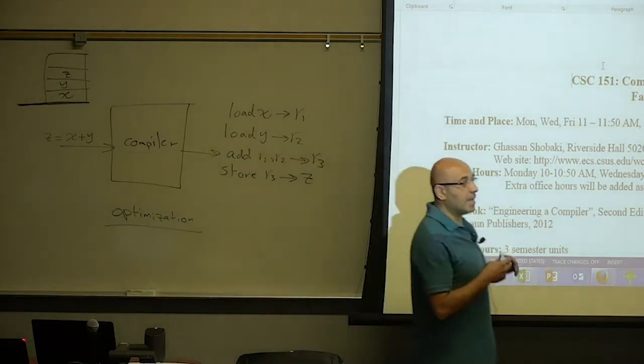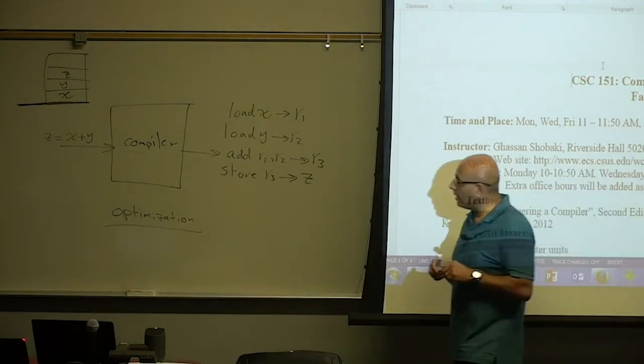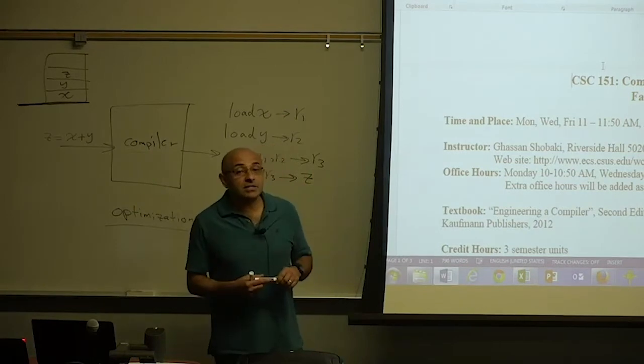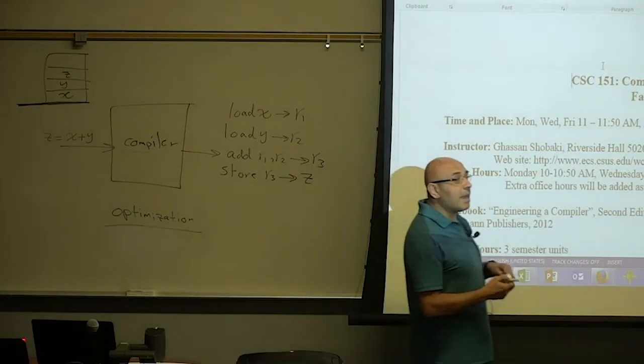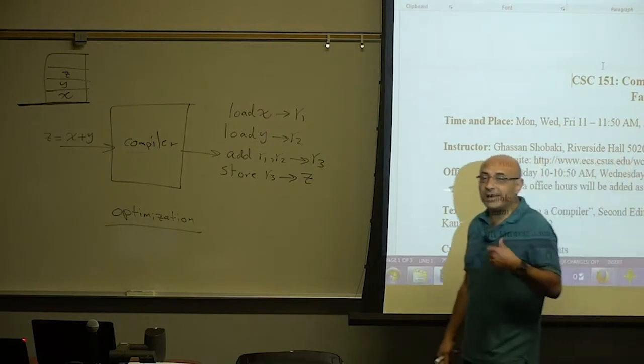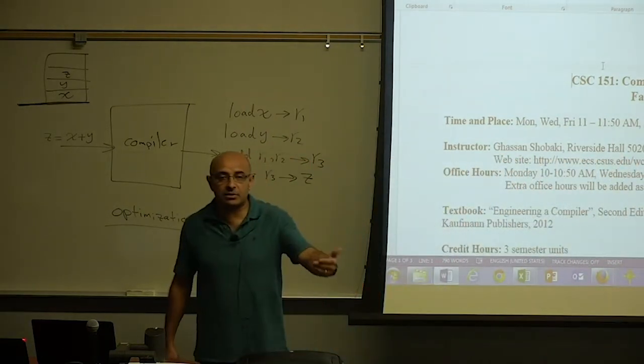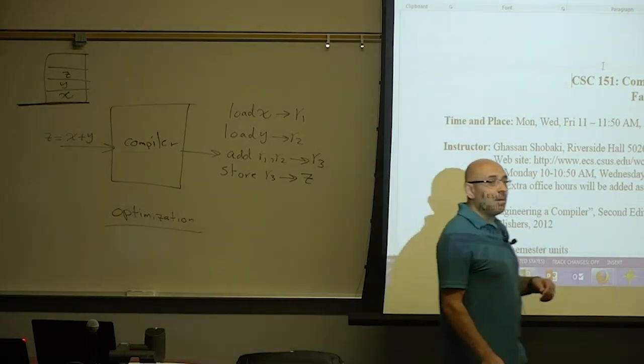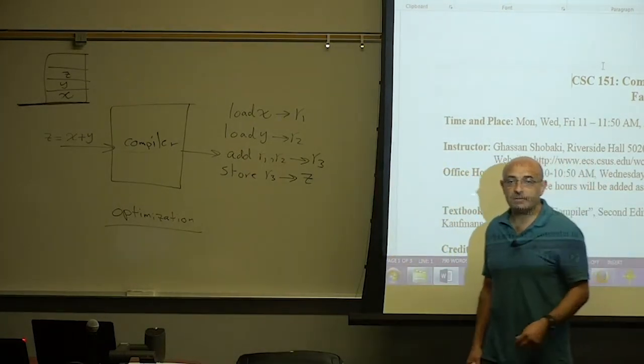But this hasn't happened yet, and it's unlikely to happen. But the compiler generates good code, so it applies certain enhancements, certain transformations to the code to make it better, to make it more efficient.